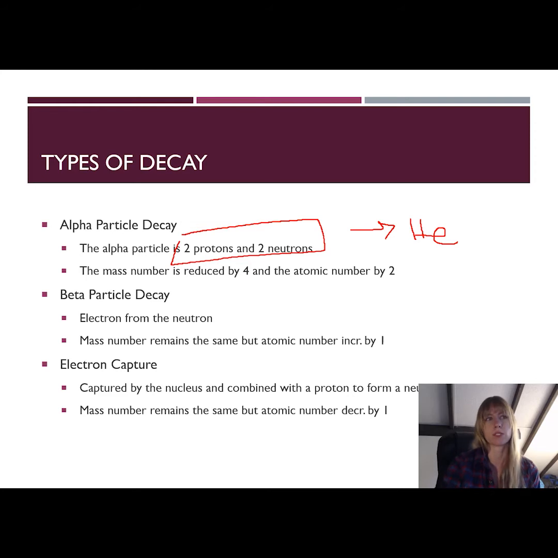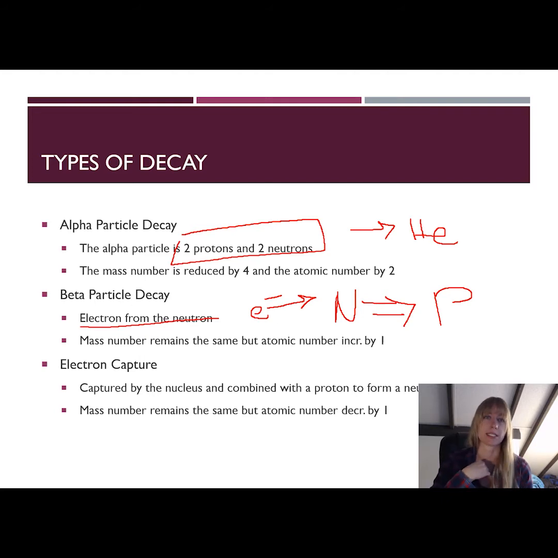With beta particle decay, an electron is removed from a neutron, and it leaves the nucleus. This is also known as beta particle emission. And in this case, your neutron will become a proton because it has just lost its electron. In this case, the mass number will remain the same, but its atomic number increases by 1.